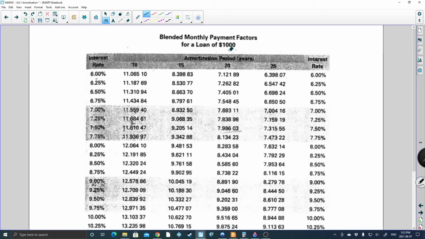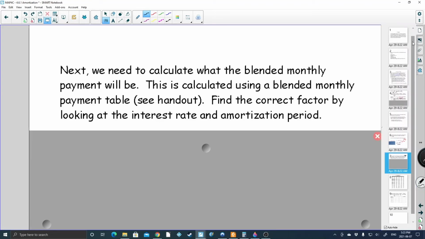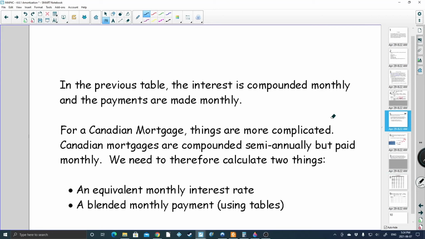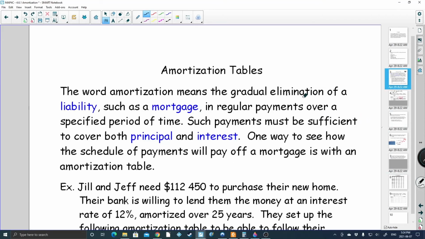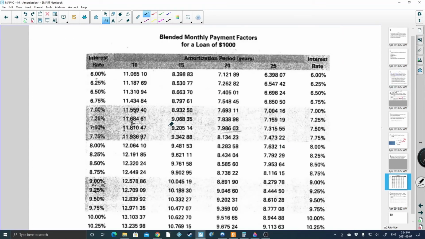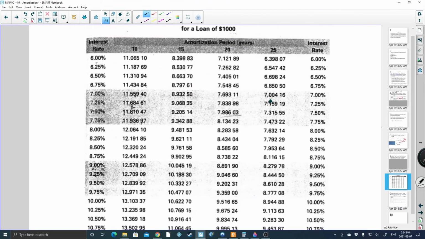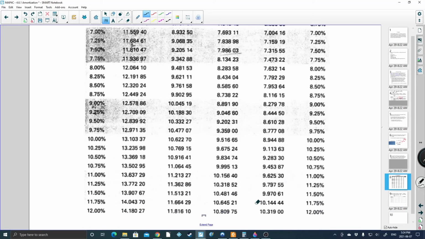Our loan is $112,450, okay? Now, we had said that Jack and Jill were doing this over 25 years, and it's 12%, okay? So what we're going to do is we're going to look for 12%, which is way down here, and 25 years. So this is the number that I need for this mortgage, the 10.319, okay?